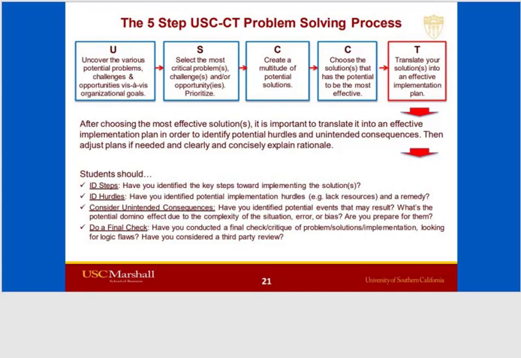The last step is translating your solution into an effective implementation plan. So you want to identify the key steps, identify the hurdles, what's going to go wrong here, how we are going to address it, and I will be looking for that. Consider unintended consequences, and then do a really good final check of our implementation, flaws in logic, and what we're going to do.